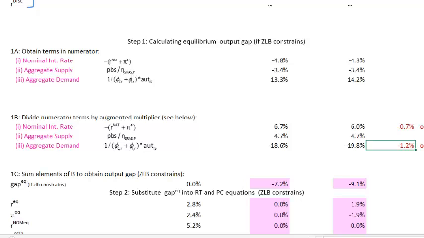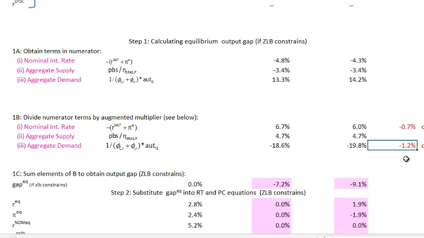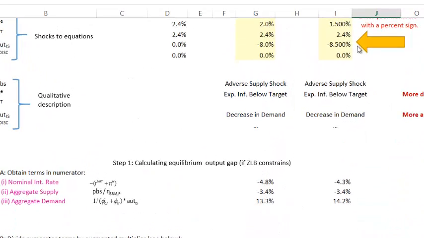And you'll notice here that this contribution to aggregate demand, it was 18.6%, now it's 19.8%, and the difference here is 1.2, and that's greater than the initial reduction to expenditures, if you'll remember up here, minus 0.5 as we go from 8.0 to 8.5.